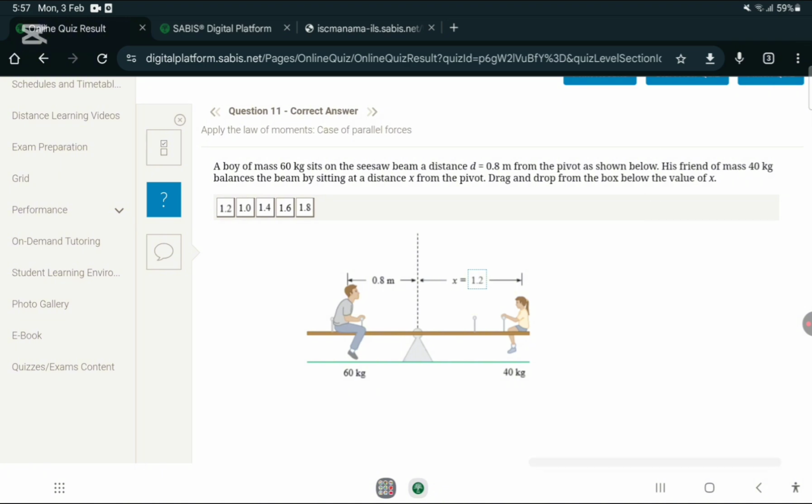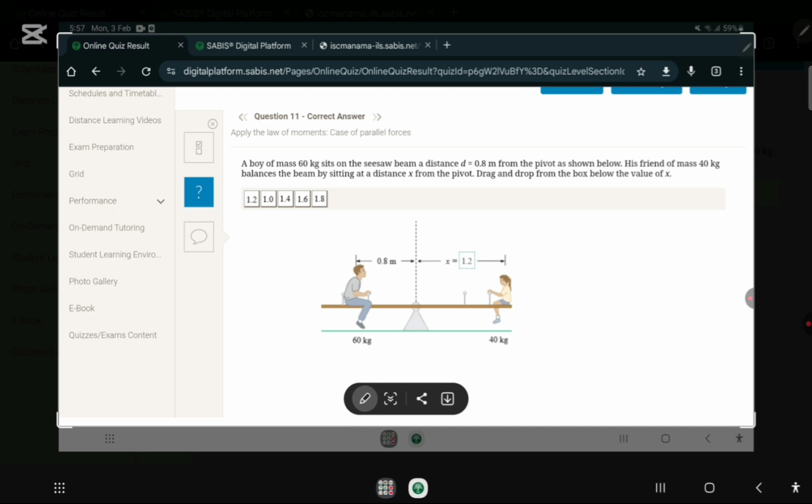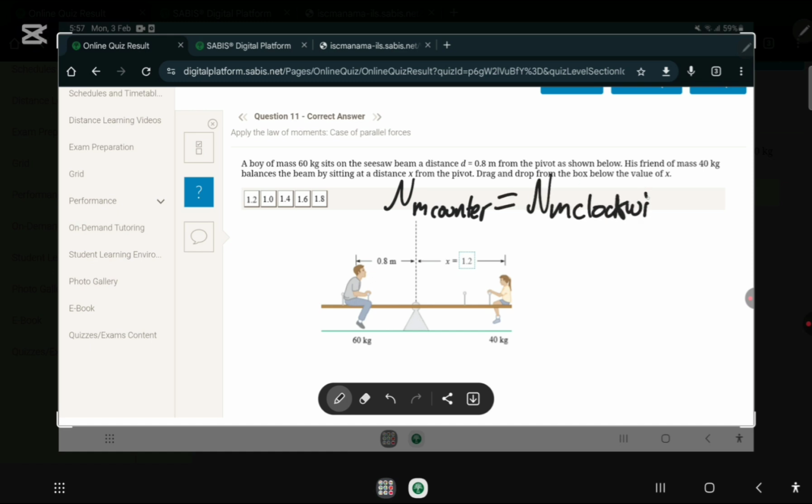Okay, this one is easy as well. All you need to do is the same exact way I told you. Net moment counterclockwise equals net moment clockwise.